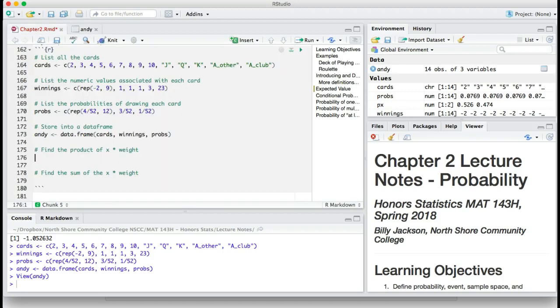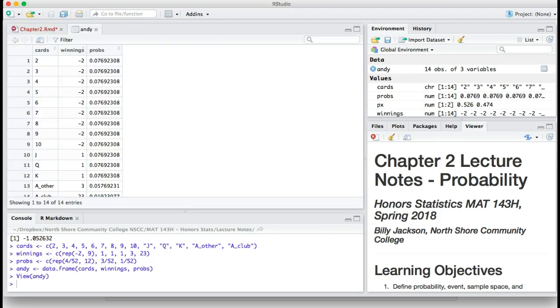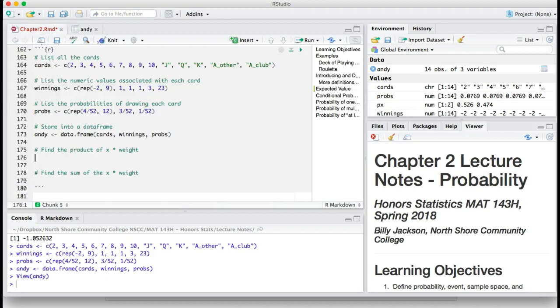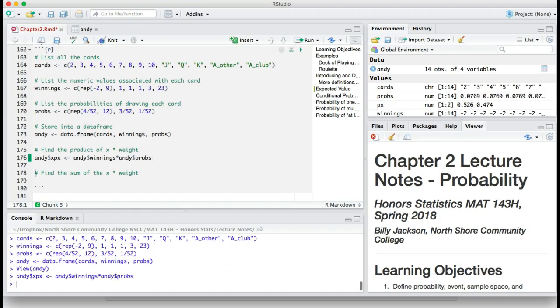So now what we're going to do is find the value of our x times p of x's. The x's are the winnings, and the p of x's are the probs. So find the product of Andy winnings times Andy probs. This will give us a vector of those products. And I can even attach this into the data frame by giving it a new variable name. So let's say Andy xpx, and I'll store that as the product of these two columns.